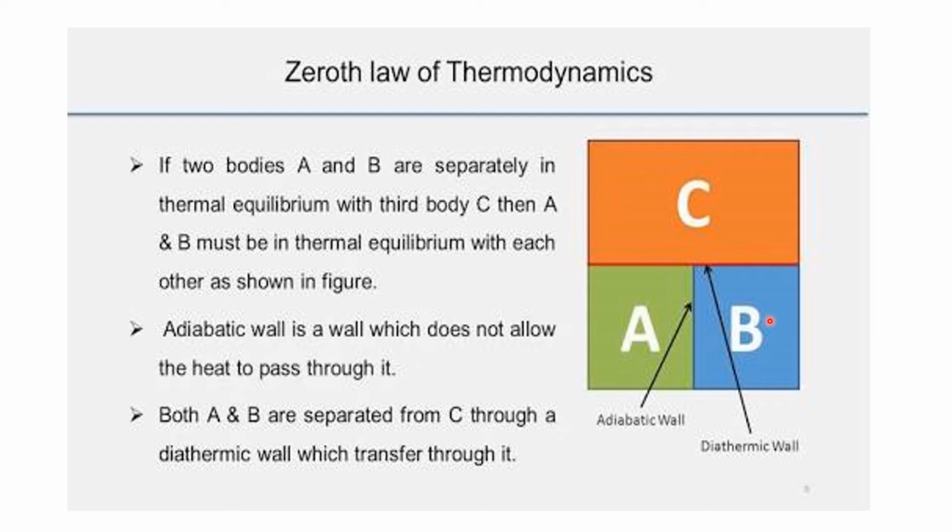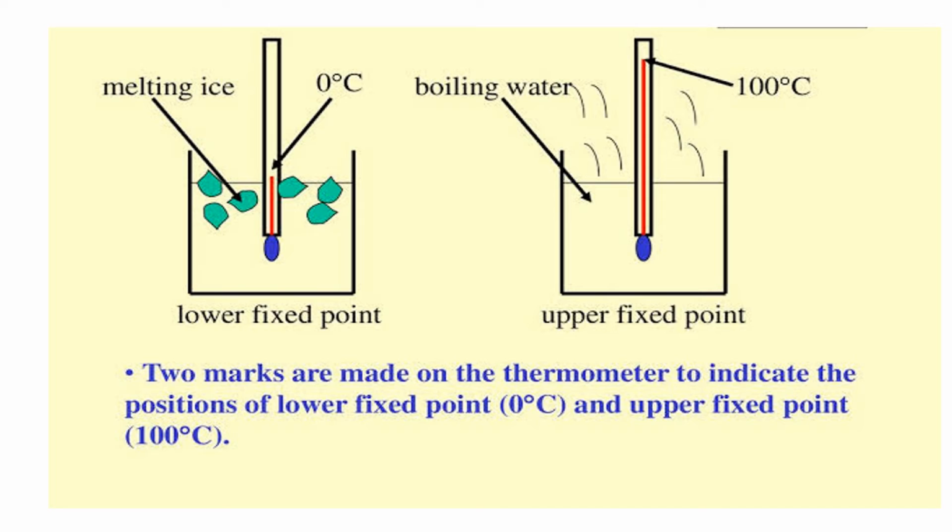So by measurement with the thermometer, we measure the temperature of body A in one location and of body B in some location Y. When both read the same temperature, we say that both bodies are in thermal equilibrium with each other, even if they are not in contact. So this is about the zeroth law of thermodynamics.